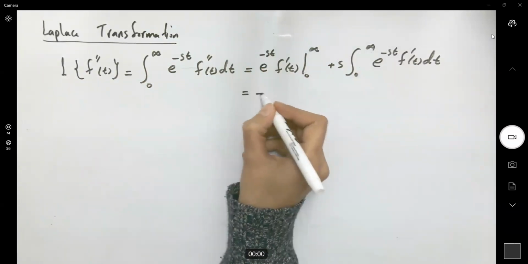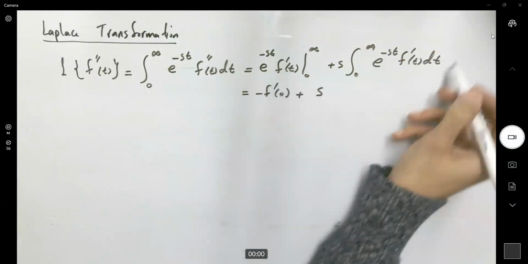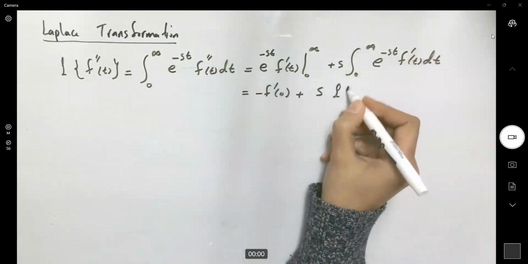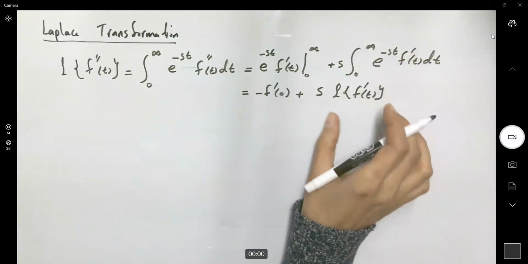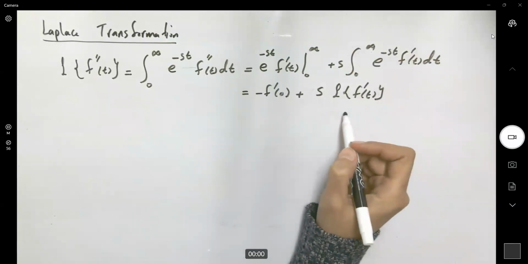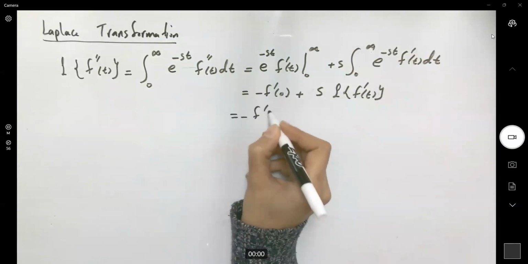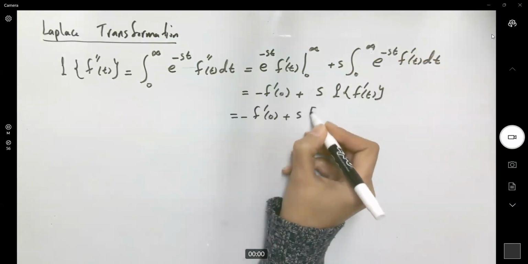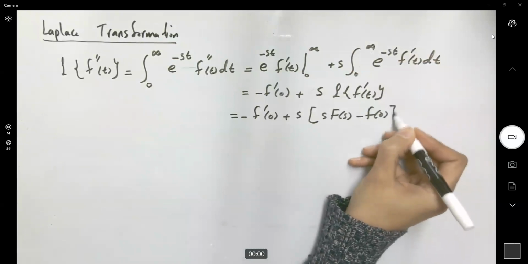This is equal to negative f prime of 0 plus s, and by definition, this is the Laplace of f prime of t. But we know what we defined for the Laplace of f prime of t, which is s F of s minus f of 0, so this becomes negative f prime of 0 plus s times (s F of s minus f of 0).